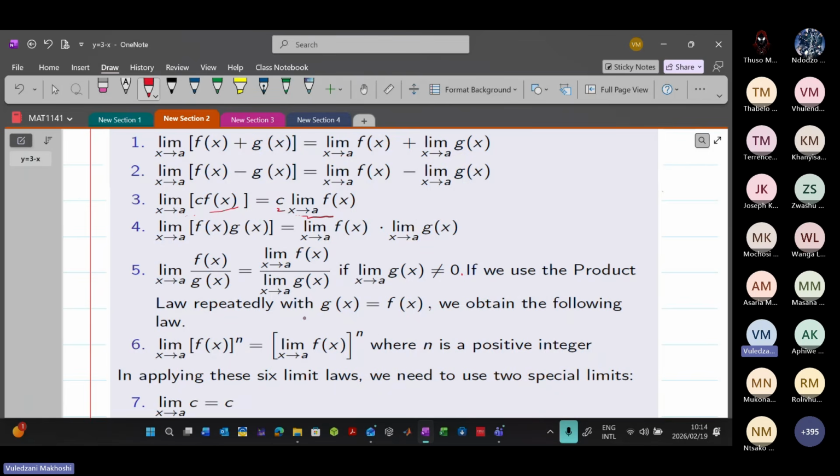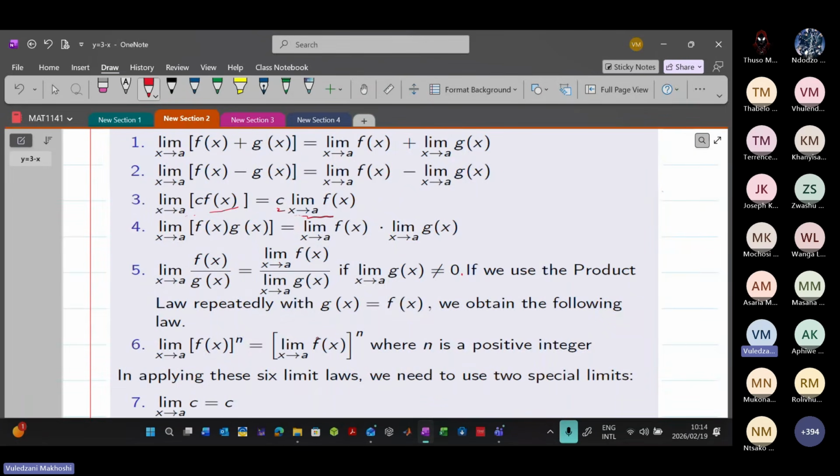So if we use the product law repeatedly with g of x equal to f of x, we obtain the following law. So you have f of x raised to the exponent of n, and you are evaluating the limit as x is approaching A.